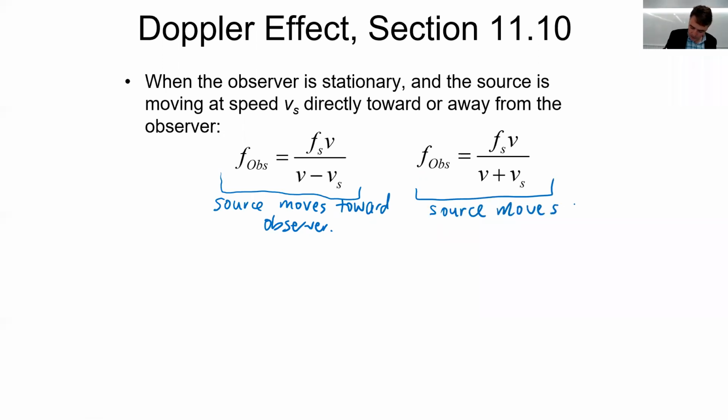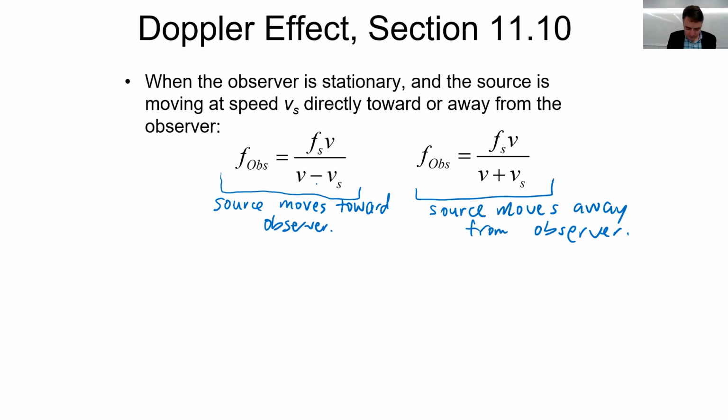The way that I remember these, away from or toward the observer, is, again, sort of this blue shift versus red shift. If the truck is moving towards you, the frequency is higher as the thing is coming towards you. Again, those wave fronts are all bunched up.